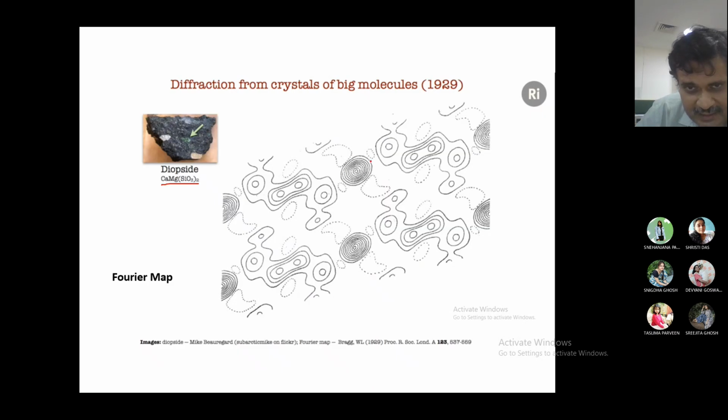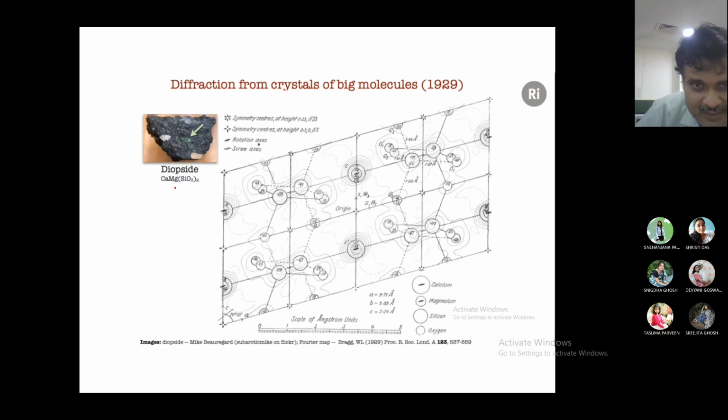So these are the electron density regions. Depending on the electron density region, we can fit in appropriate atoms into the centers, sorry, not cations and anions, appropriate atoms, to solve the overall three-dimensional structure. So this is how it was solved.